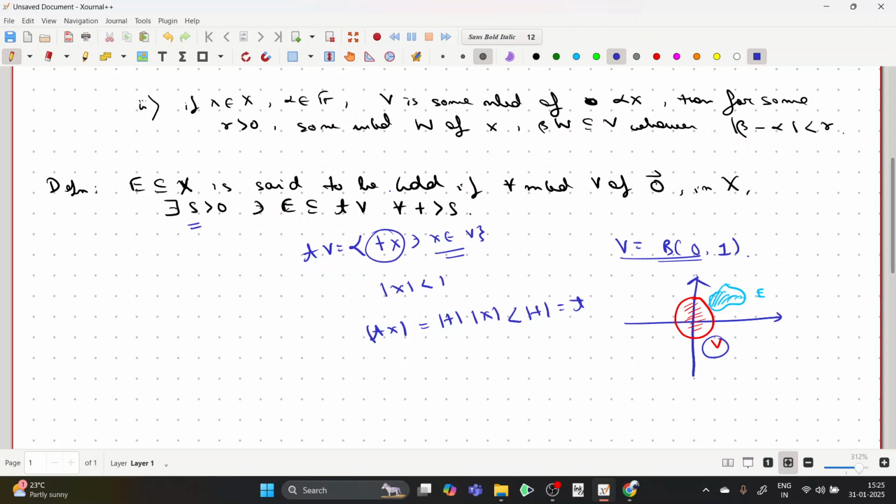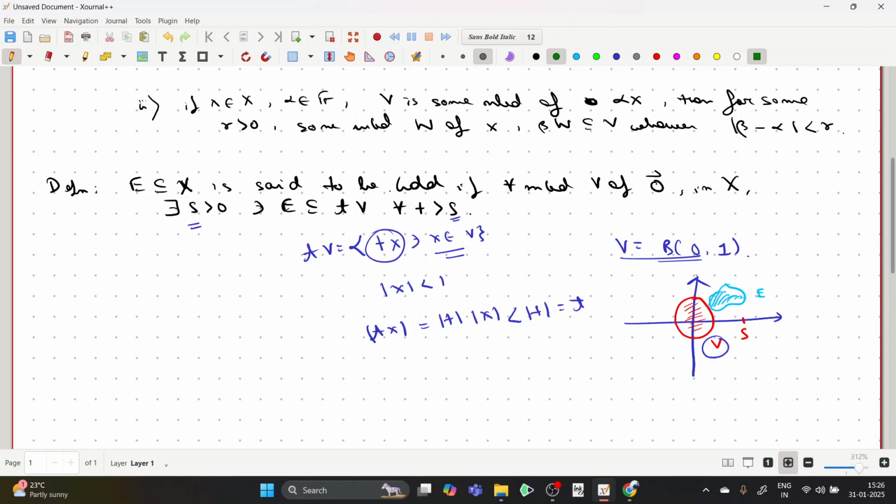So I am just scaling the ball of radius 1 around 0 by a multiple of t, and what I am trying to say is that when I cross some fixed positive real number s, then every ball will contain E entirely inside it. Suppose this is s, greater than 0.